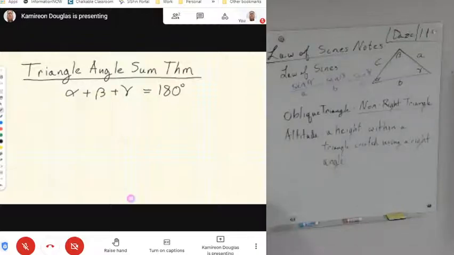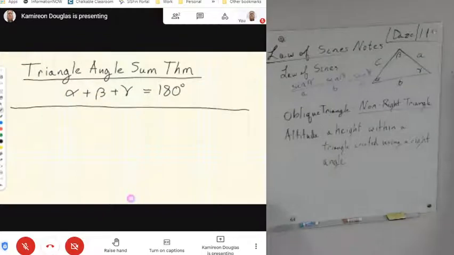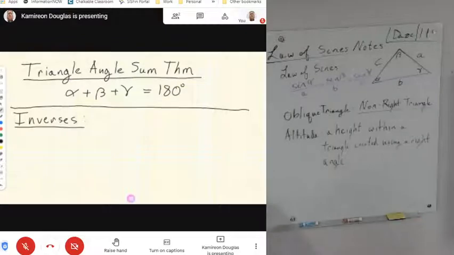Second one. If I wish to determine an angle naturally, so this would be a trig idea, I can use an inverse. As a reminder from, what was that, chapter 7?